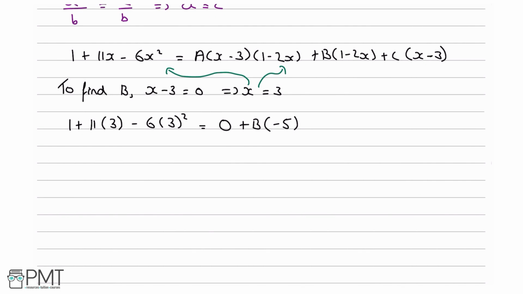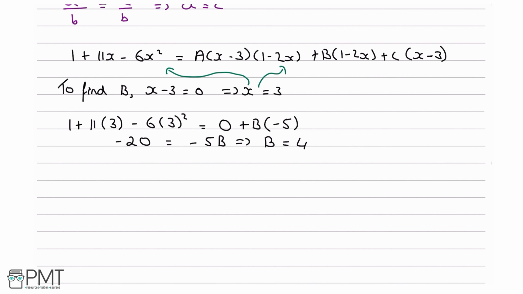If you were to put this into your calculator, you would end up with 1 + 33 − 54, which is −20, so we have −20 equals −5B, and what this means is B equals 4.